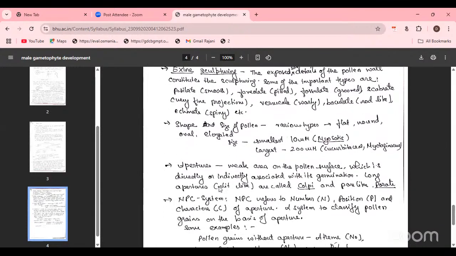Various types: flat, round, oval, enlarged. The smallest size is Myosotis, 10 micrometers, and 200 micrometers in Cucurbitaceae and Nyctaginaceae. Pollen grains are of two types. And next one is the aperture.